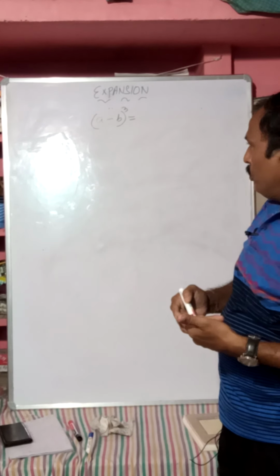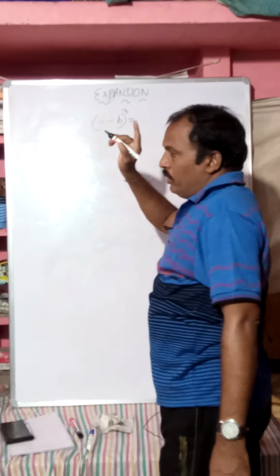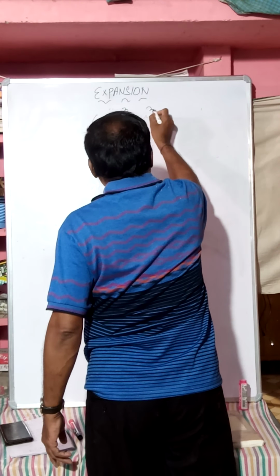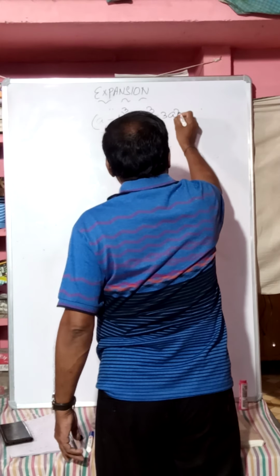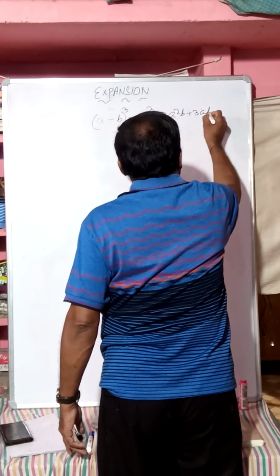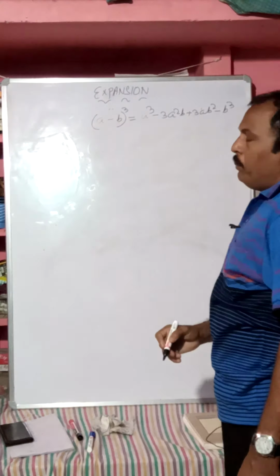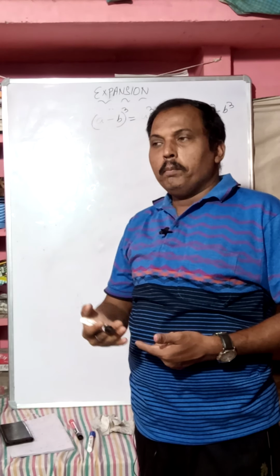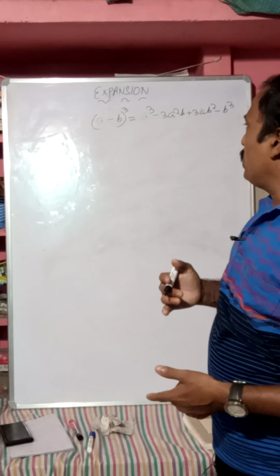By that method we can find (a minus b) whole cube. So I am writing the direct formula: a cube minus 3a square b plus 3ab square minus b cube. This is the formula for (a minus b) whole cube is equal to a cube minus 3a square b plus 3ab square minus b cube.